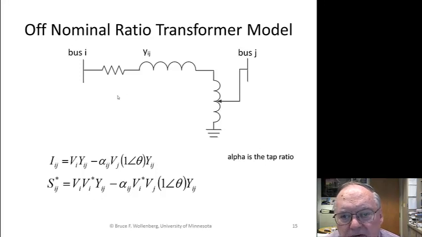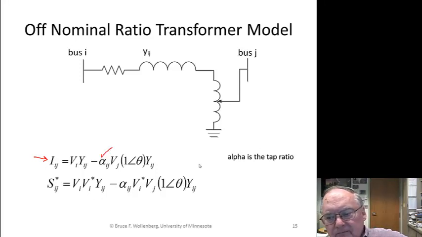If we have a transformer, what we call an off-nominal ratio transformer, again, you need a background course for this, but when we say off, if it's a nominal ratio, the transformer doesn't show up in the per unit model, but if it's not at the nominal ratio of the per unit voltages, then we have the current like this, which has got this A term.